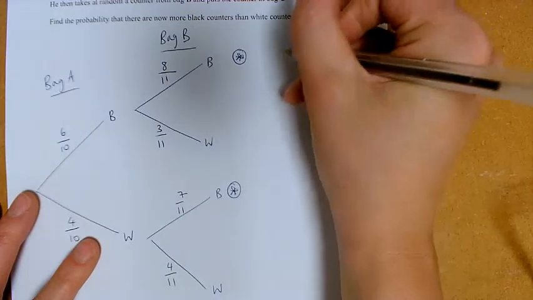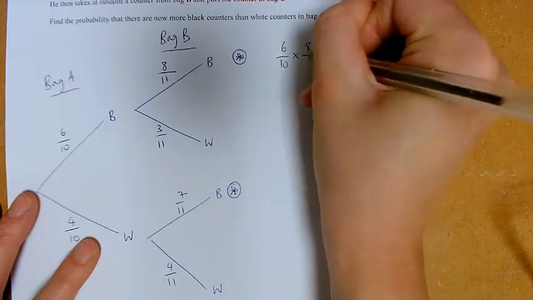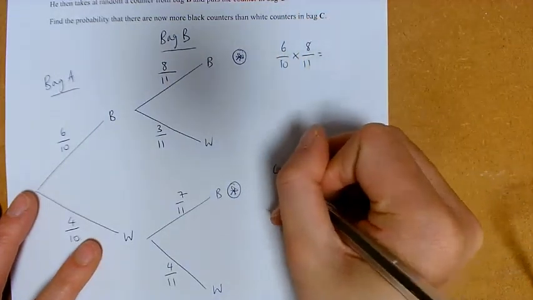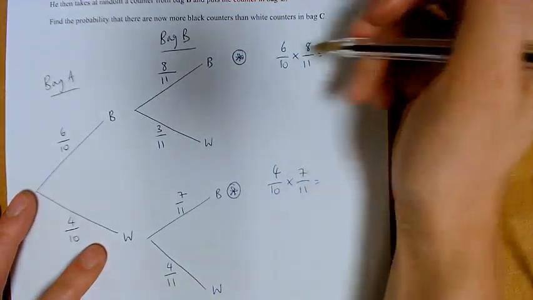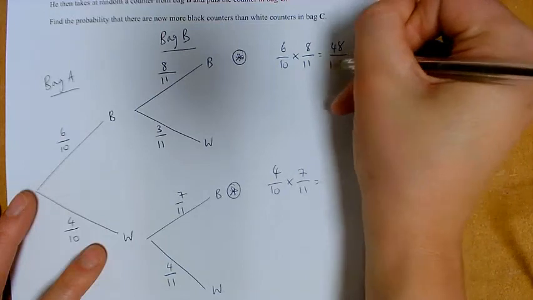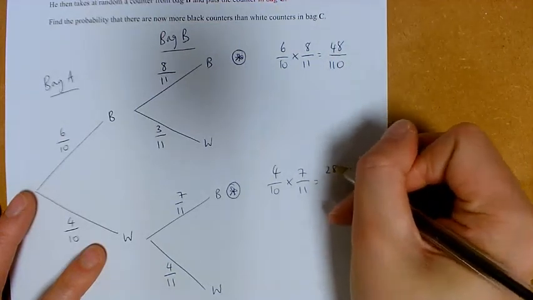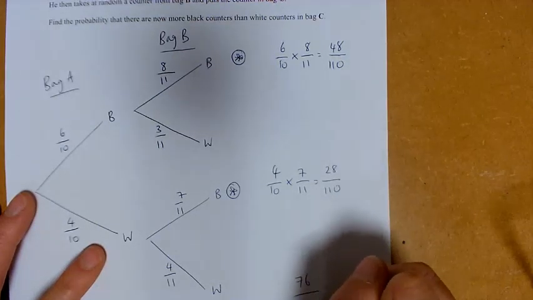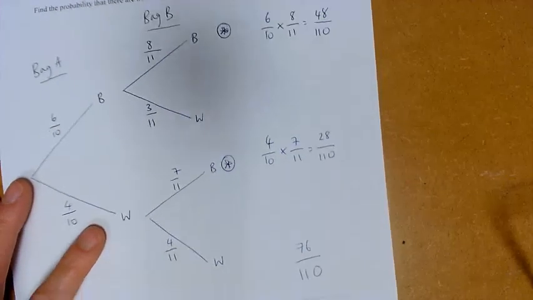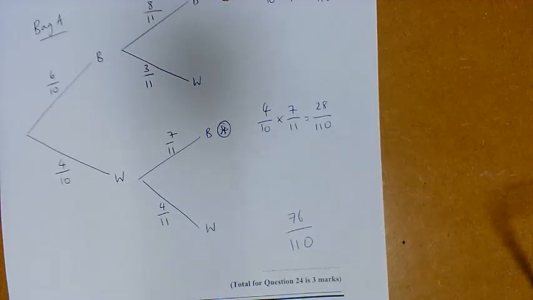So the probability, we times along the branches and we add the ones we want. So in that case it's going to be these, timesing fractions, top times top and bottom times bottom, and altogether that's going to make 76 out of 110, and that's my final answer for the chance of that happening.